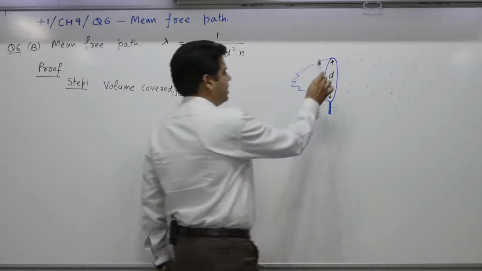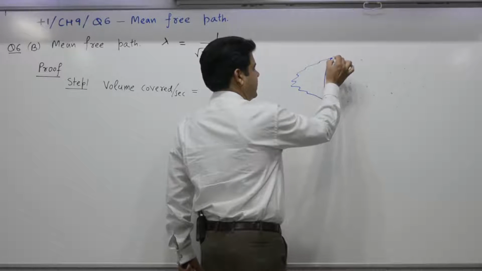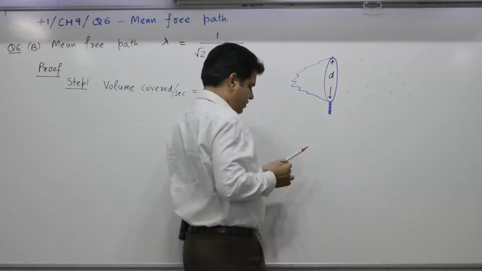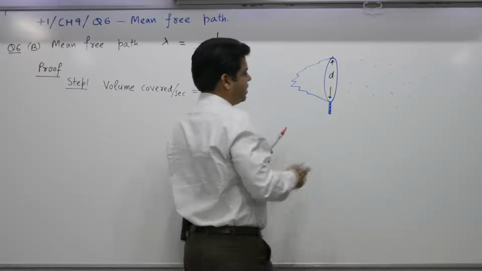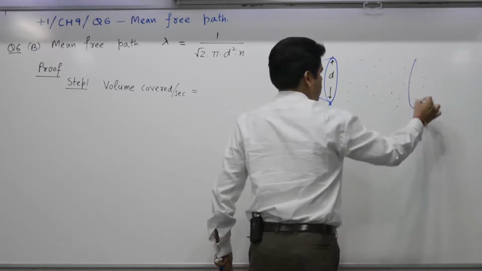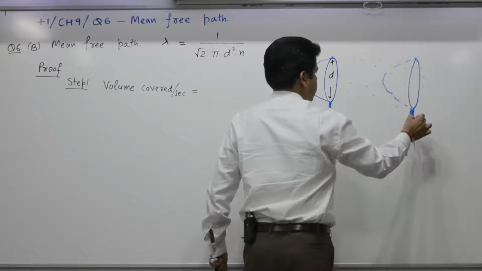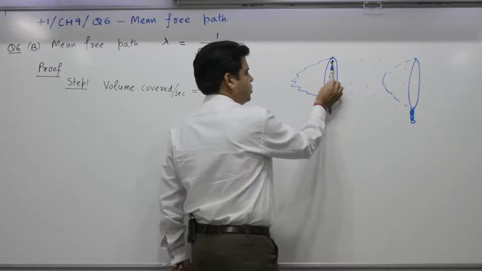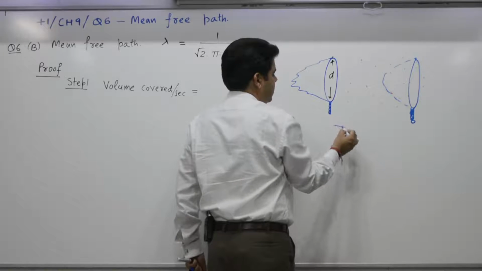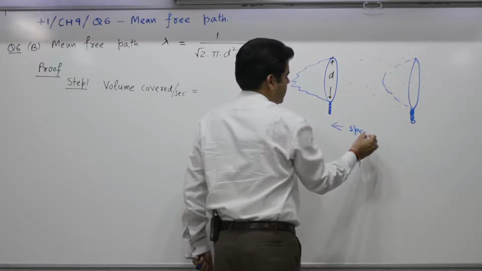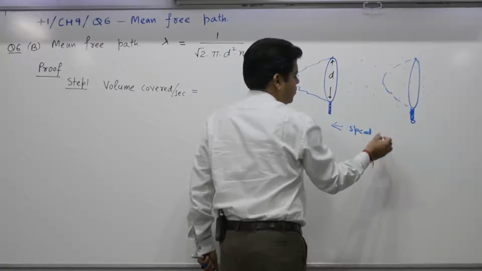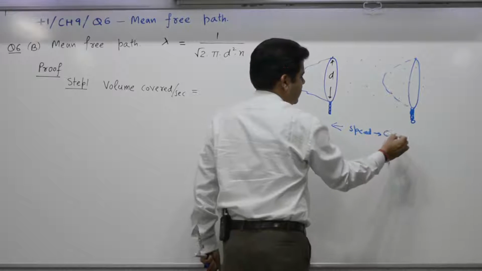This net is at its position at t equal to 0. It covers some distance. You move this handle from the initial position to this position, and it moves with what speed? It moves with speed c.